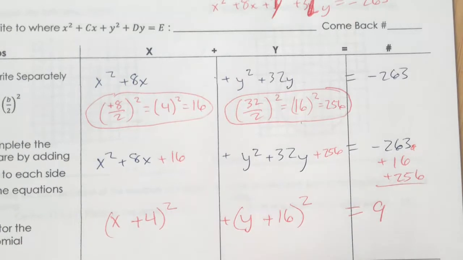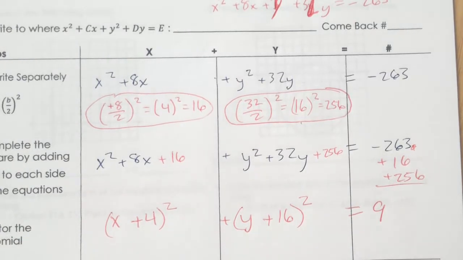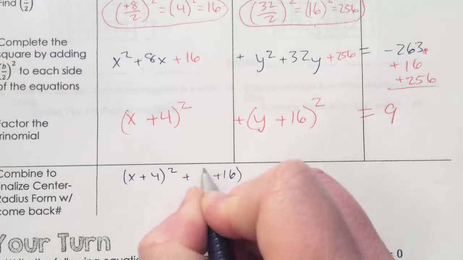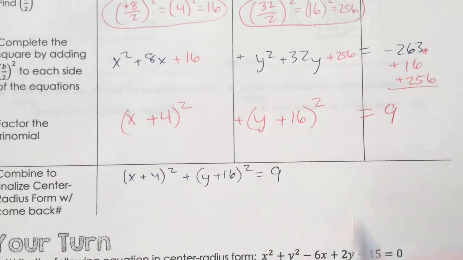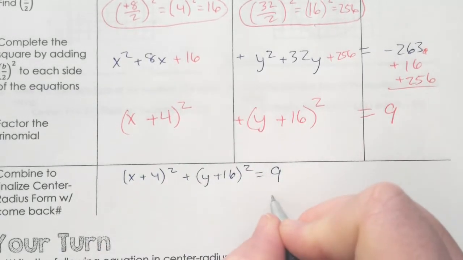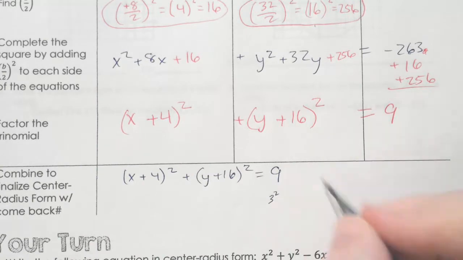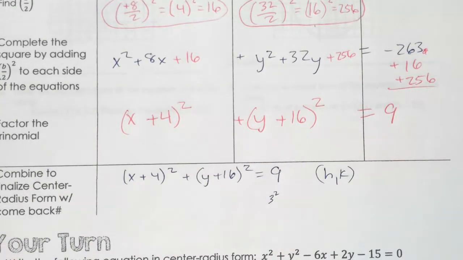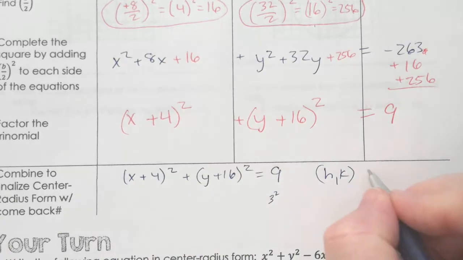So what we have is x plus 4 squared plus y plus 16, that quantity squared, is equal to 9. Just the number 9. That's really a 3 squared, by the way, right? So we have your HK. Now that we're taking it out to make HK, that's when you flip it.